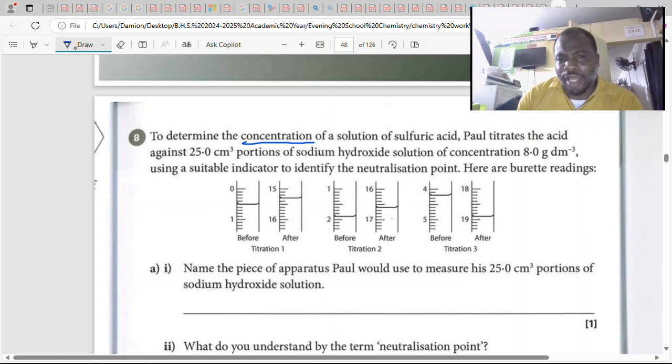And to do that, we use a concentration of a substance that we know. So of a solution of sulfuric acid, what's the formula for sulfuric acid? H2SO4.